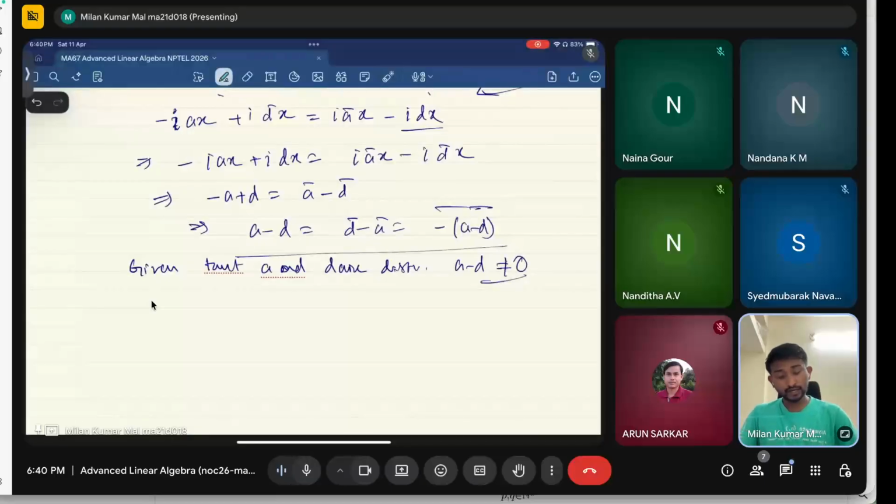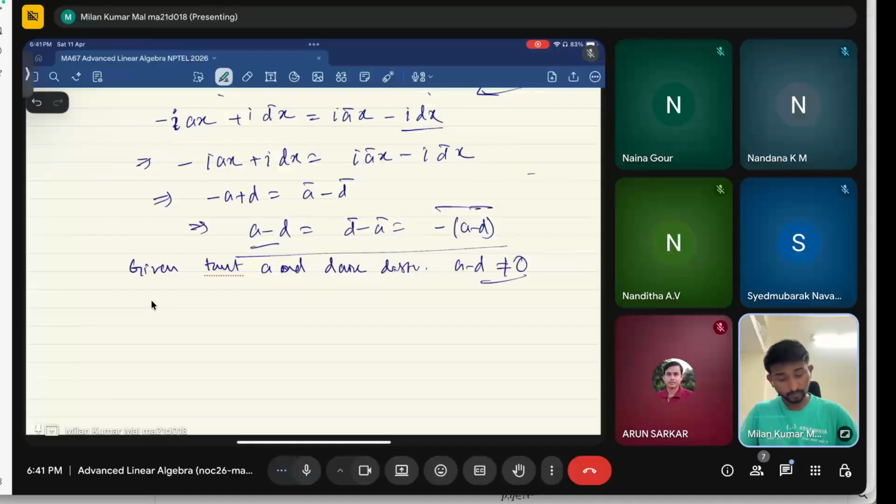When can this situation happen? If I take a non-zero complex number z such that z is equal to minus z bar, then z has to be purely imaginary. Why? I can let you know.